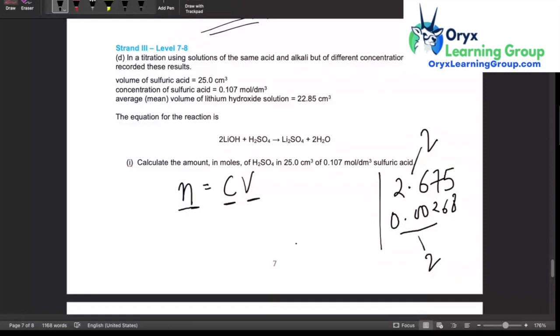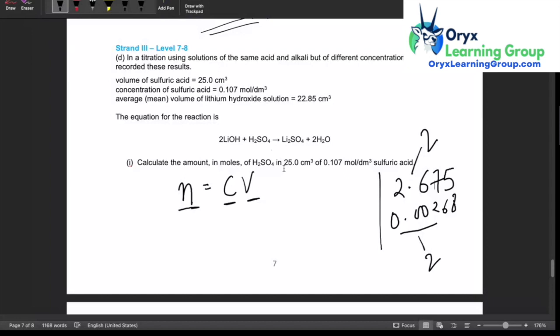Okay, let's try to do this one. It's the very common formula you have to use. Calculate the amount in moles of H2SO4 in 25 cm cubed of this concentration of sulfuric acid. The first thing when you get this question is to look at the units, because of the units your answer may become wrong.